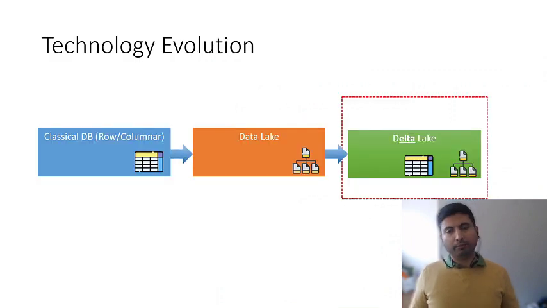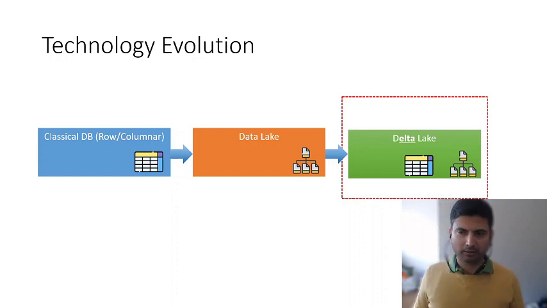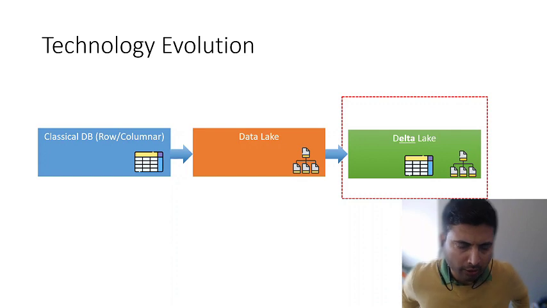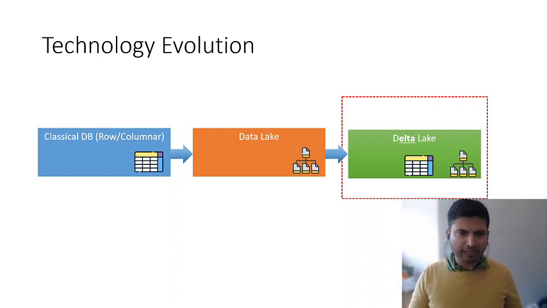Hence, there was the emergence of the Delta Lake concept. You know what they said? You have cons in both of those, the old classical DB and the data lake. Let's create something that mixes the pros of both of them to make a product that perfectly fits and has fewer cons as an outcome.